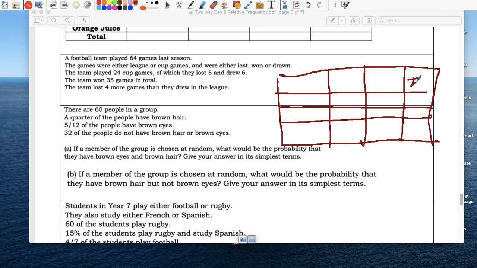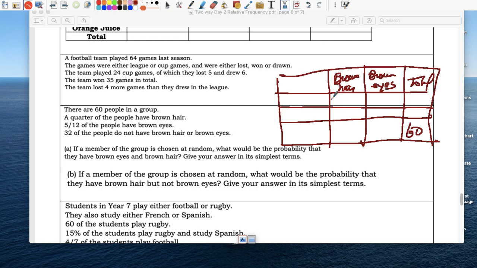So total, there's 60, and there's some people who have brown hair. Brown hair, and this is brown eyes.